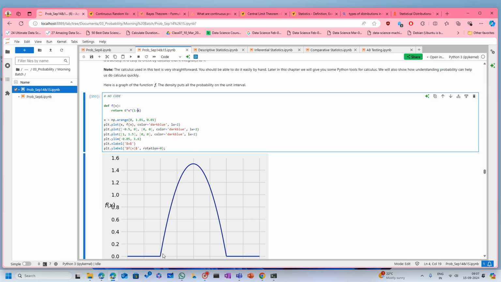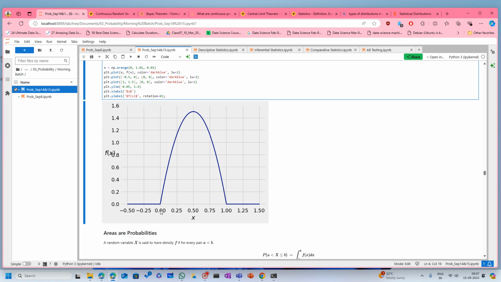At x equal to 0, the probability is 0. But if you go a little ahead, somewhere here, 0.001, then whatever triangle the curve forms here will give the probability at that point.